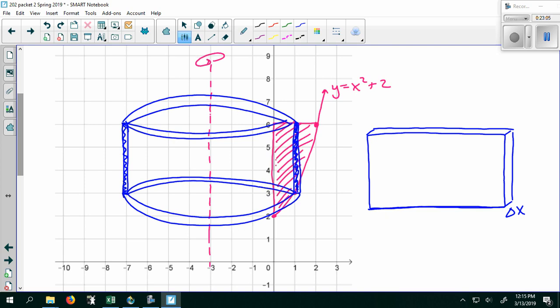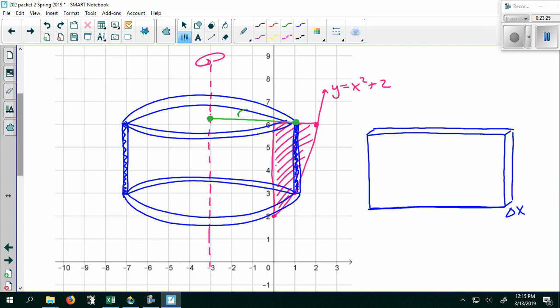So I'm going to find the center of the cylinder and find the distance to the edge of the cylinder. So it's that horizontal distance. That's my radius. And so the distance between this x value and this x value is just the difference between the larger and the smaller x value.